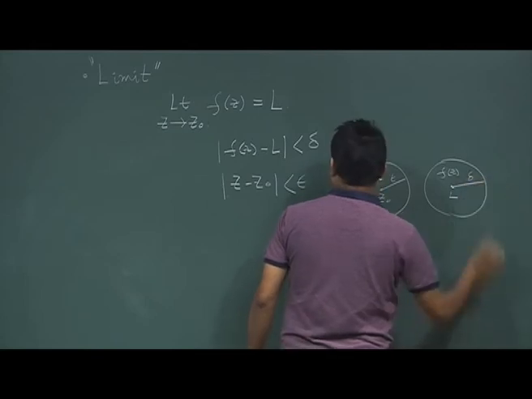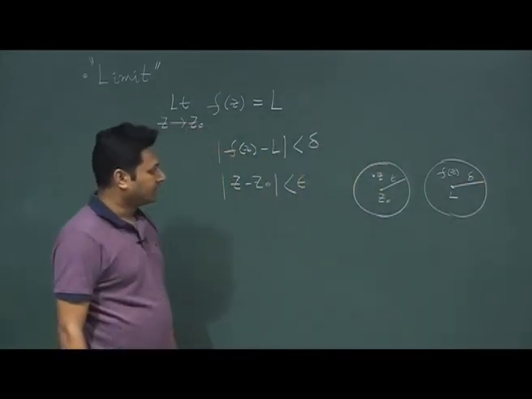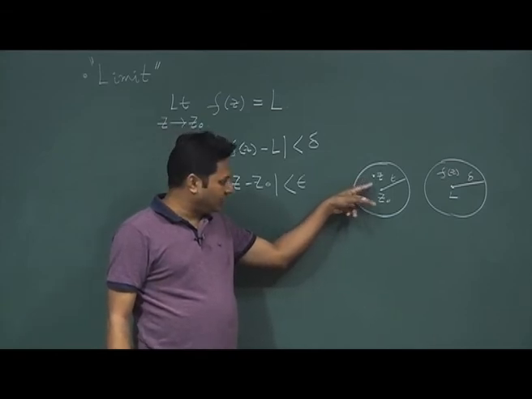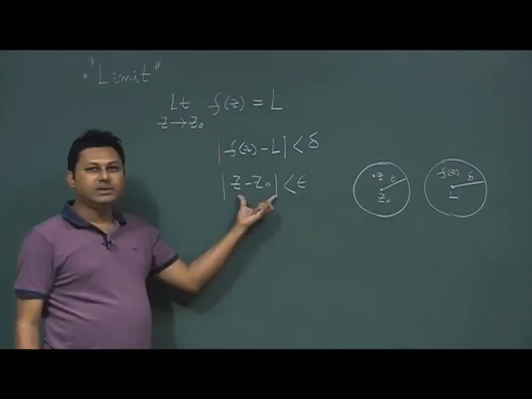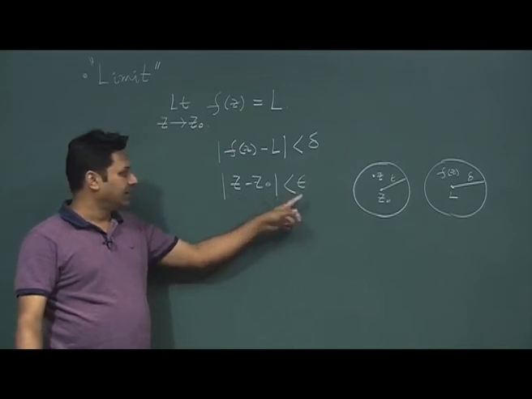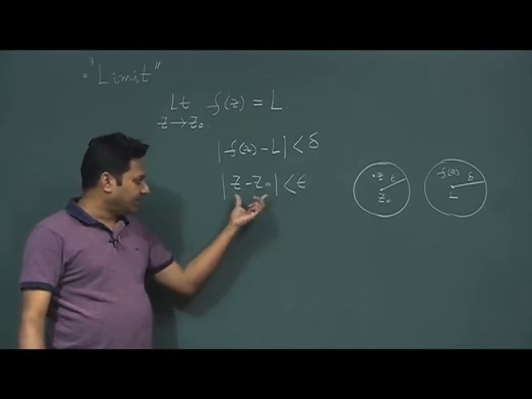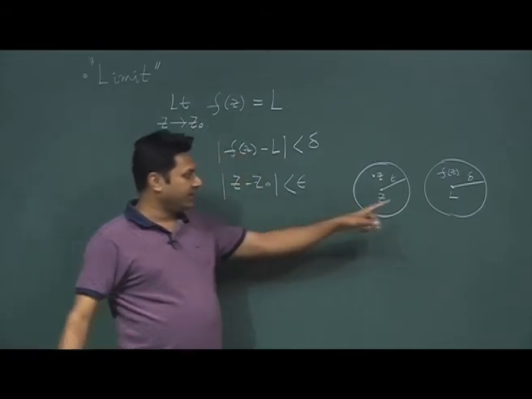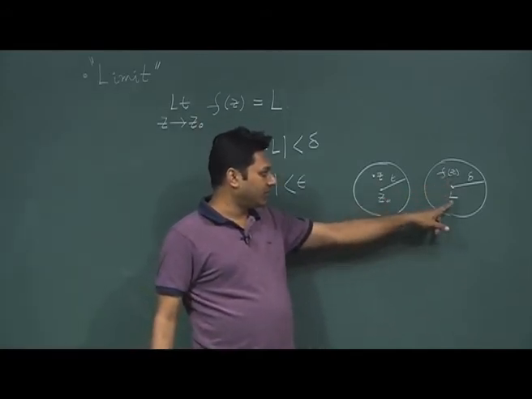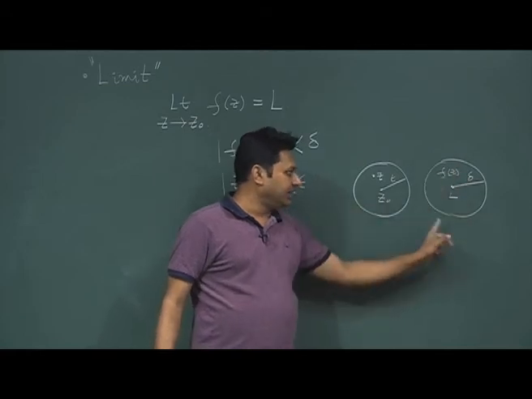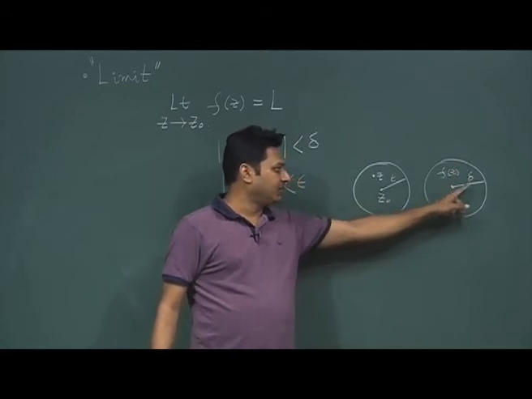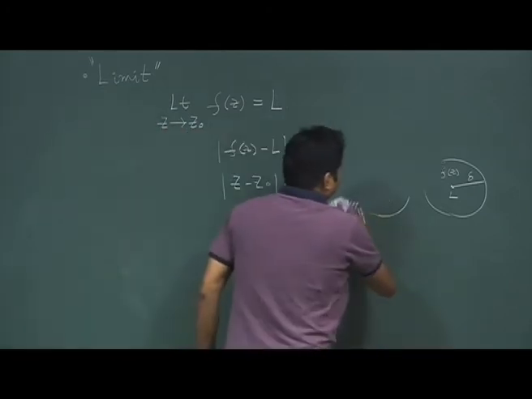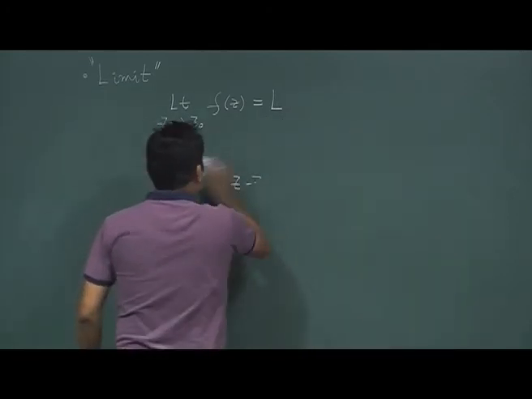So, z is approaching z0 with the limitation that it should be less than some quantity epsilon. As a result, in the other plane this quantity is also approaching L, with the limitation that the mod of this minus this should be less than delta. This is one thing, but the important thing is the approach.